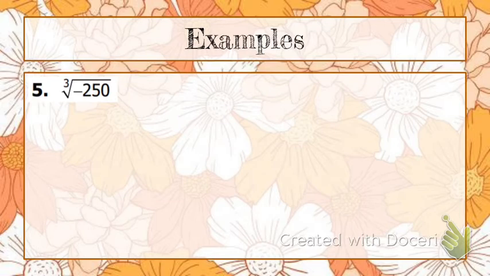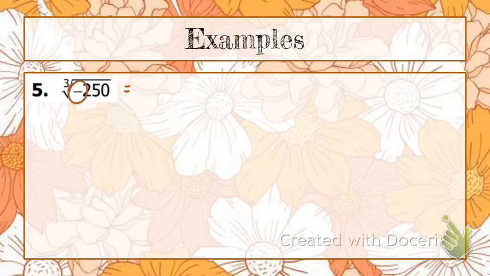So another one is the cube root of negative 250. So anytime you have a negative under there with the cube root or any odd root, you want to bring the negative out with the perfect cube that you have. So the biggest cube root that goes into 250 is 125, and it's 125 times 2.